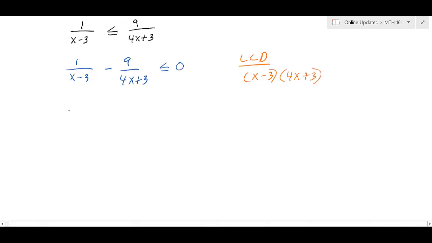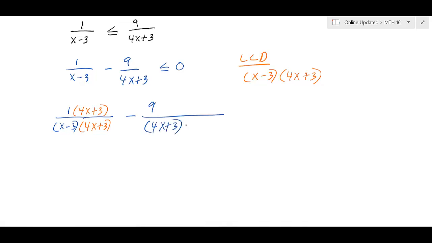So the first part here, we have 1 over x minus 3. So we need to multiply the bottom by 4x plus 3 and the top by 4x plus 3. Minus, and then we have 9 over, once again here, we actually have the 4x plus 3. So therefore, we need to multiply by the x minus 3.